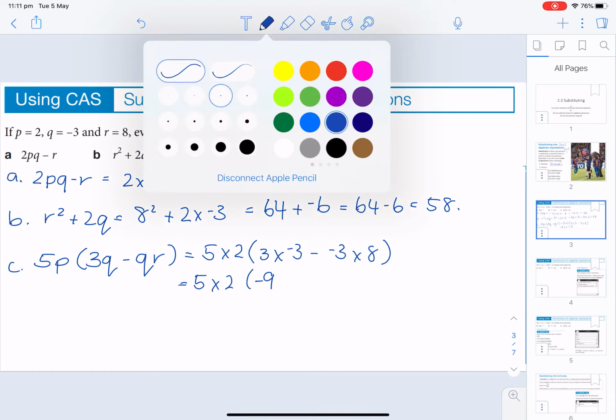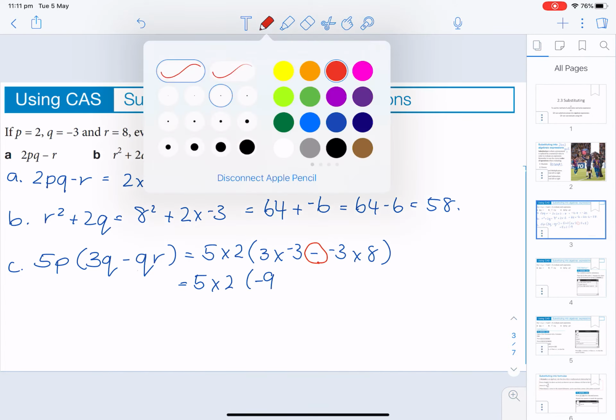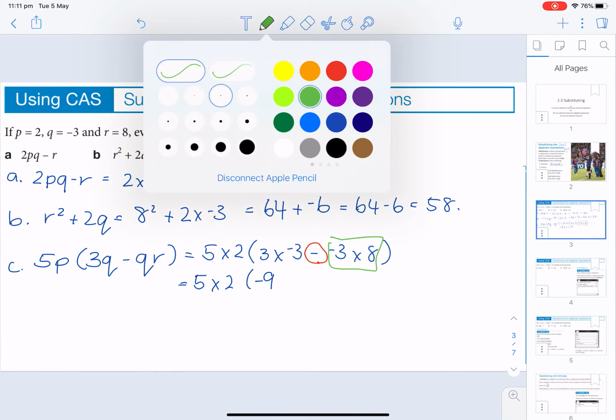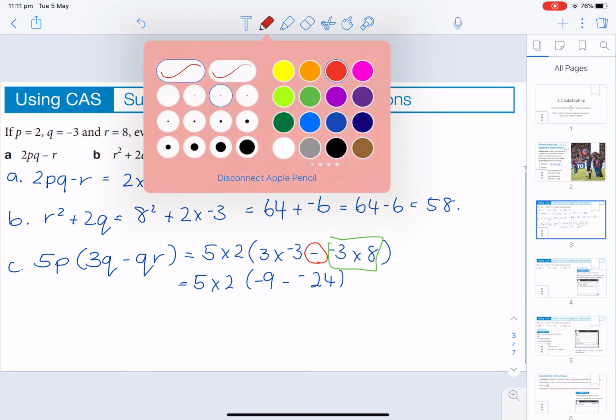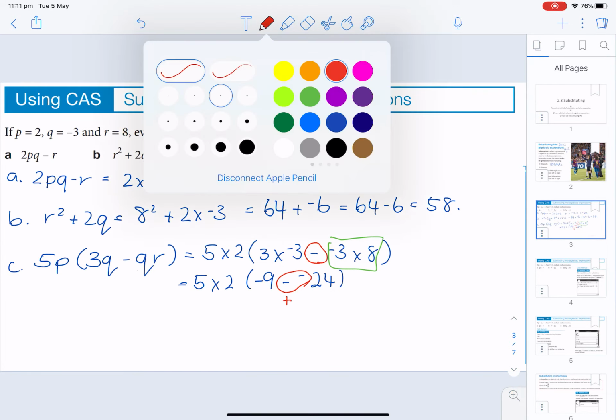And -3, so at this point I'm ignoring this operation in the middle. I'm just doing this out the front, this after it. So -3 times 8 gives me -24. And I know that if I've got a double negative there, it becomes positive.